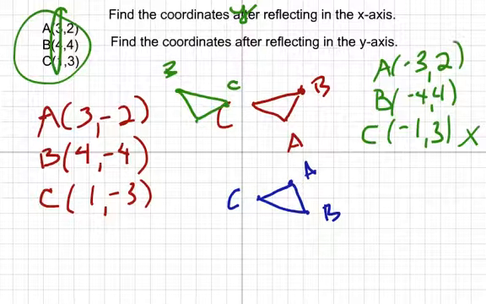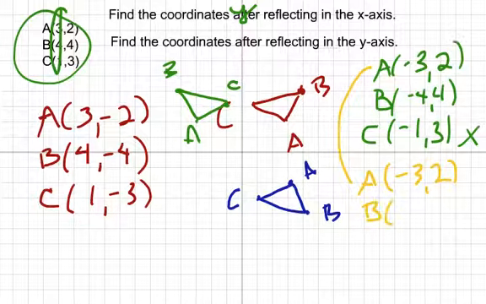So let's check the coordinates to see if we are actually right with our changing the x values into negative. Let's change it to a different color. We'll do yellow. So A in our reflected green shape is -3, +2. And does that match the green? Yes, it does.